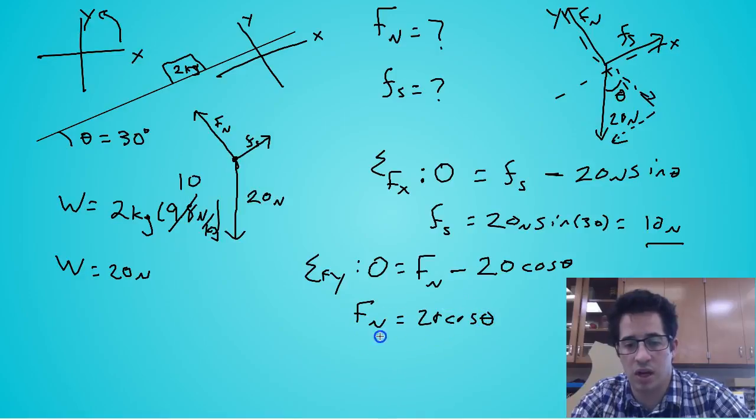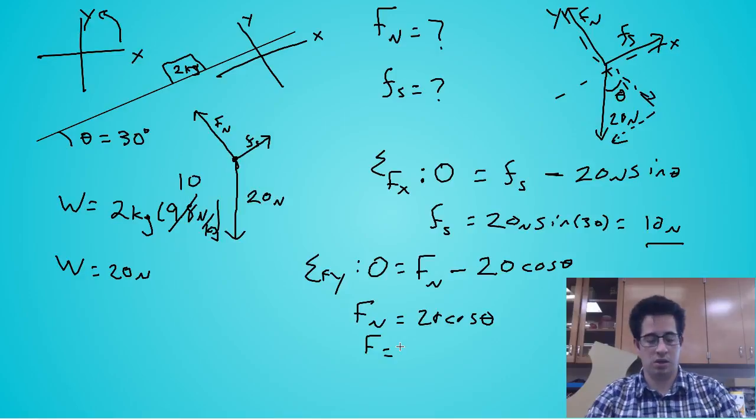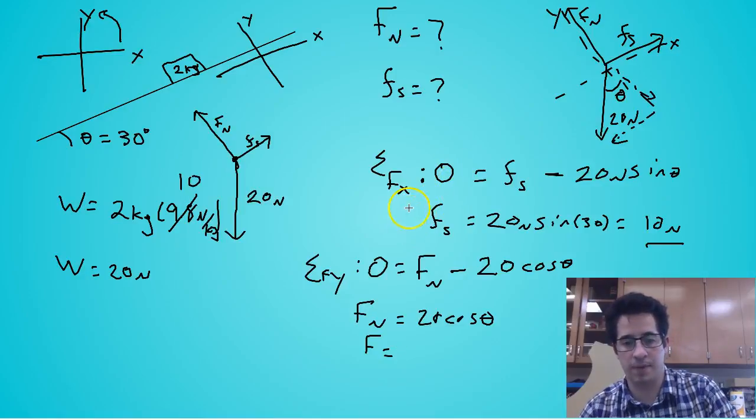We can work this out and find the normal force is something like, let's do it real quick, 20 times cosine of 30, so we get about 17.3 newtons there.